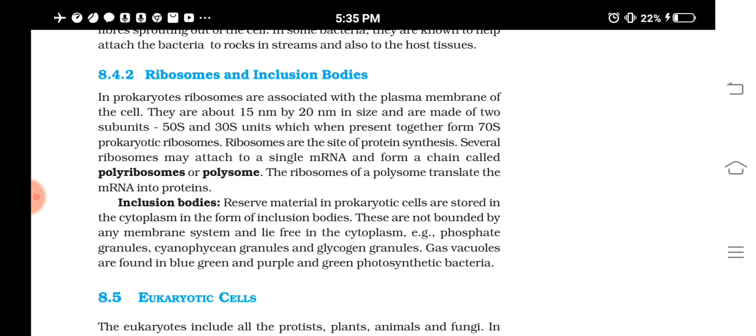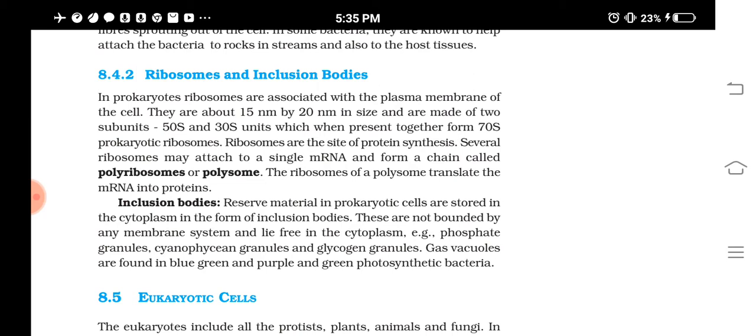Is it clear? The message for the combination of these amino acids to form protein is given by RNA. DNA has this message, and DNA will send it through the mRNA, the messenger RNA. So during protein synthesis, the ribosome units join together and get attached to the mRNA. You will learn this process in detail next year.